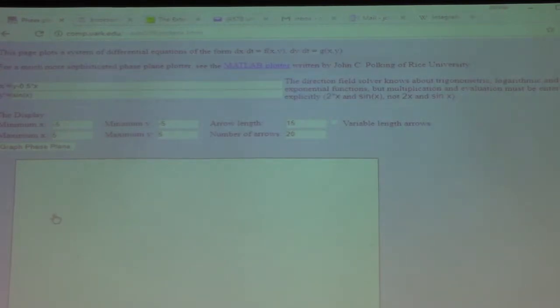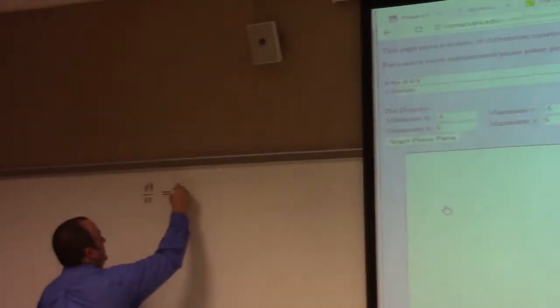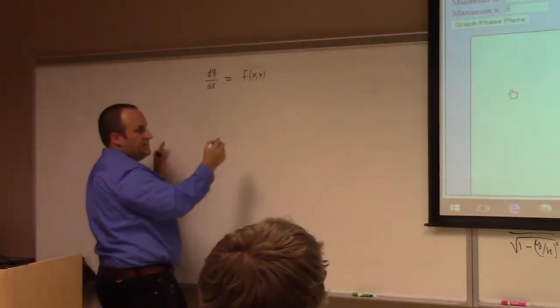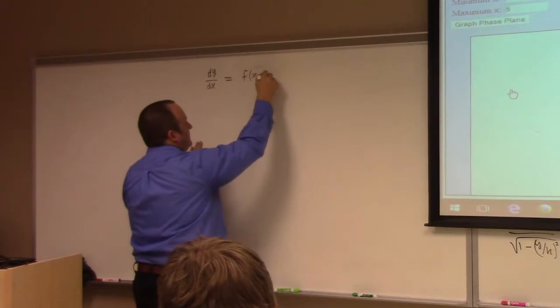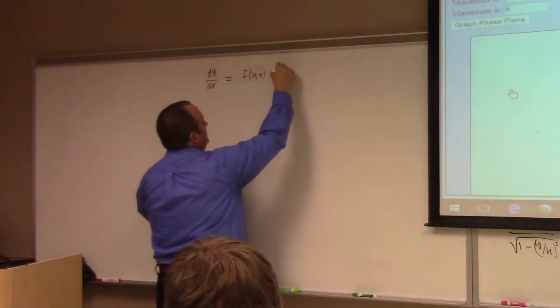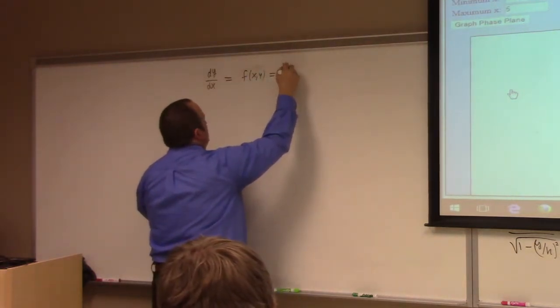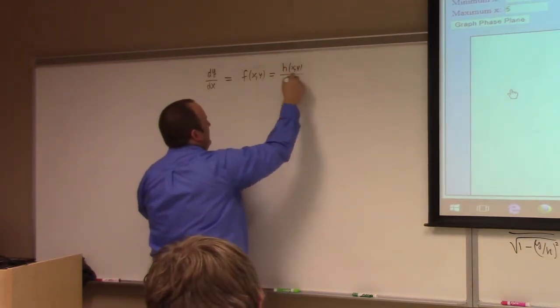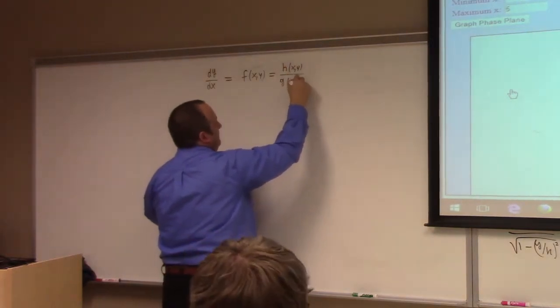So we've been solving things of the form dy/dx equals, say, f of x,y. But suppose that this actually has the form h of x,y over g of x,y.